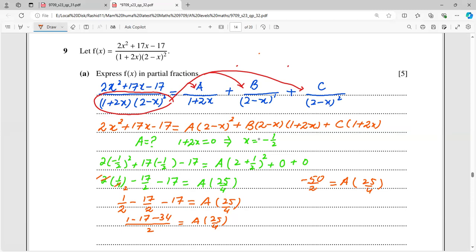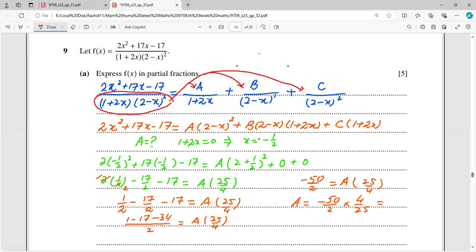So what will you get after cancellation of the values? I will get the value of A: minus 15 by 2, minus 50 by 2 over here, multiplied by 4 by 25.